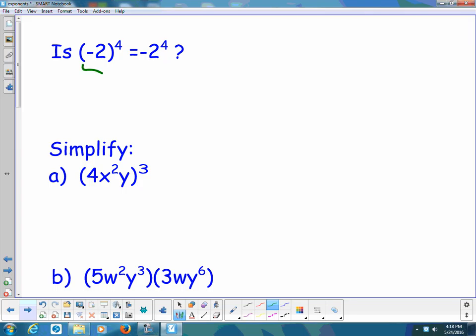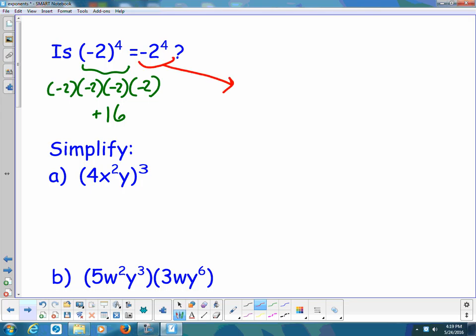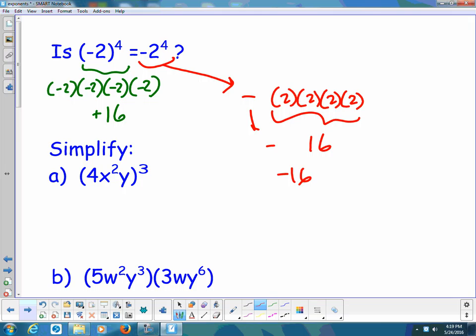This side really means -2 times -2 times -2 times -2, which is going to end up being a positive 16. This side here really means the opposite of 2 times 2 times 2 times 2. So this part here is 16, but I still have this negative in front, so it's equal to -16.